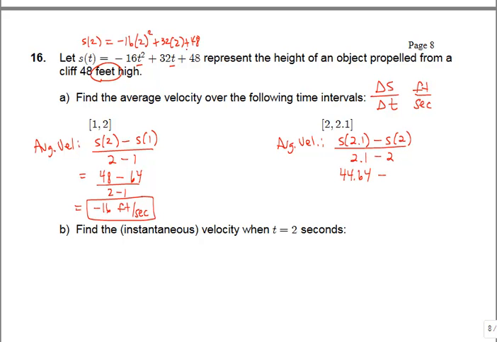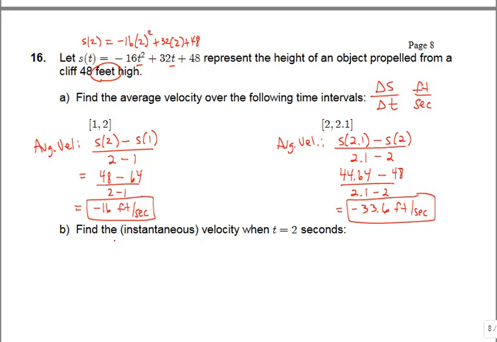And if you were to plug in 2, we knew that that was 48. So when I simplify, you're going to get that this reduces to negative 33.6, and again the units would be feet per second. So now my average velocity is actually a little bit larger, negative 33.6 feet per second. Okay, so average velocity is just change in positions over change in times.